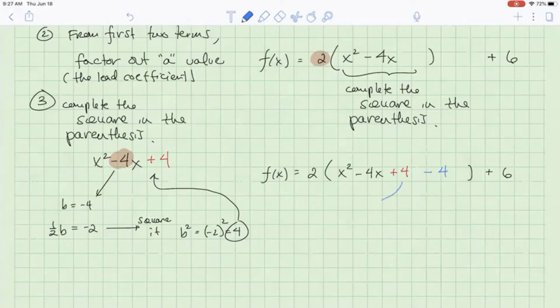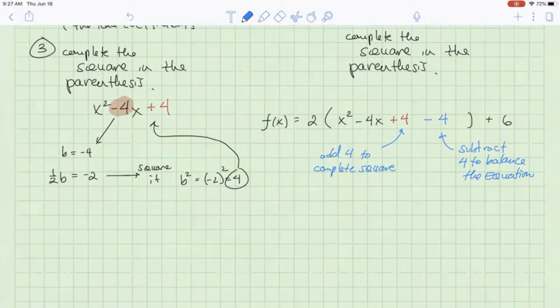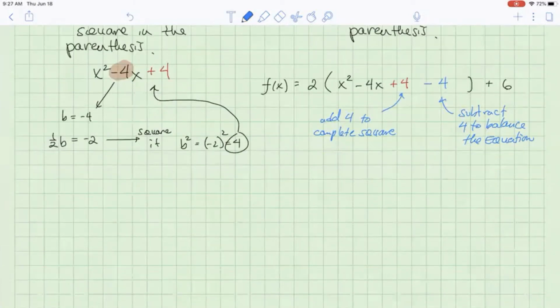So this is add 4 to complete the square, subtract 4 to balance the equation. Okay, so this is our perfect square.